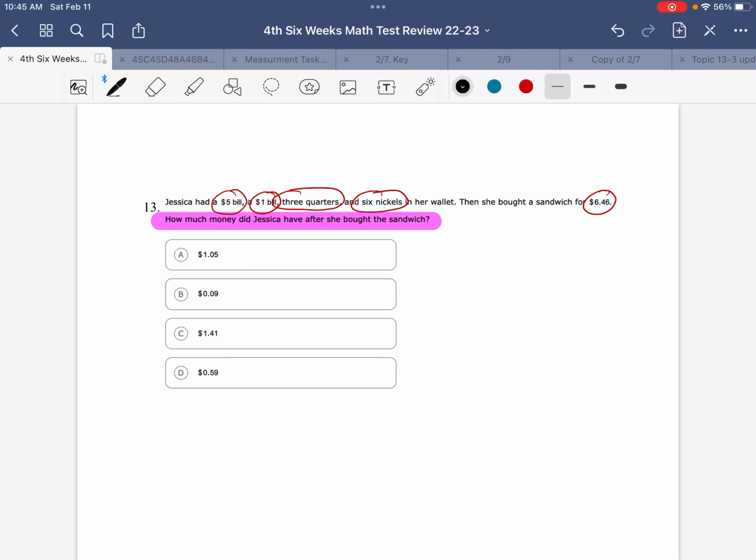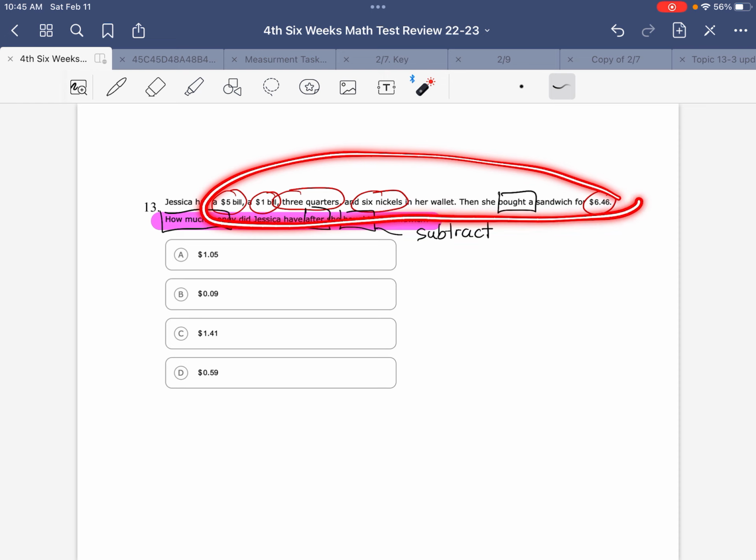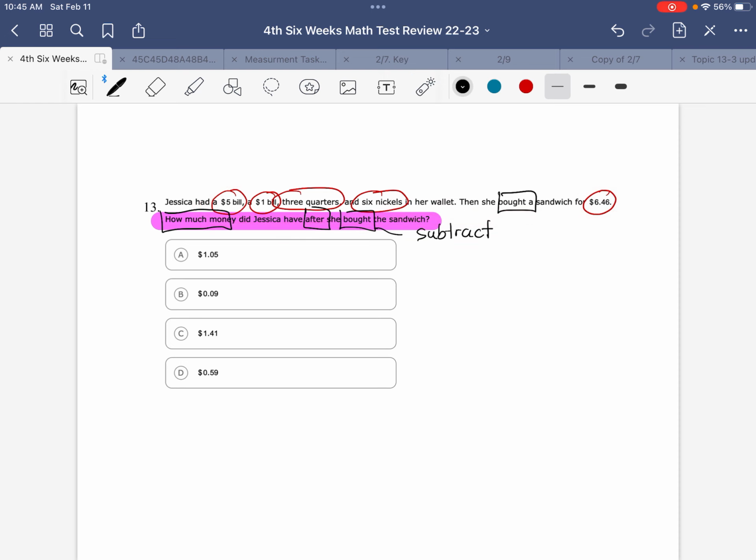I'm going to box in my keywords. So, how much money, after, bought. If you have those words after bought, that tells you that you're going to subtract. So at some point in this problem, I will subtract. If you have more than 2 numbers, which we obviously do, this is going to be a multi-step problem.